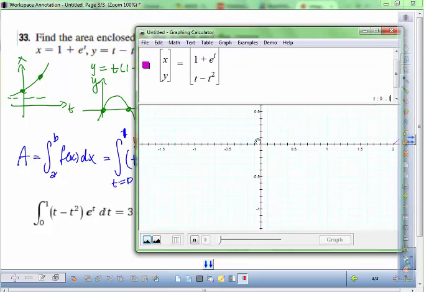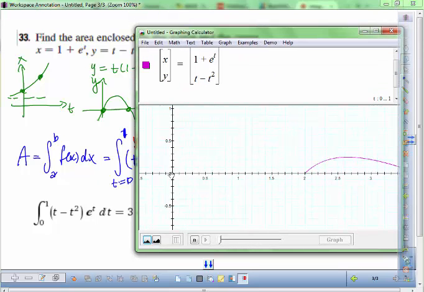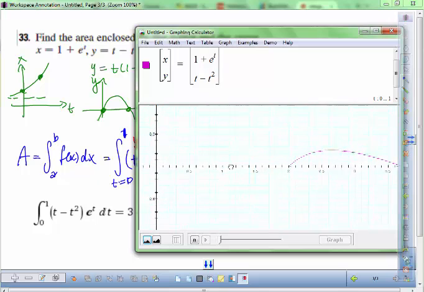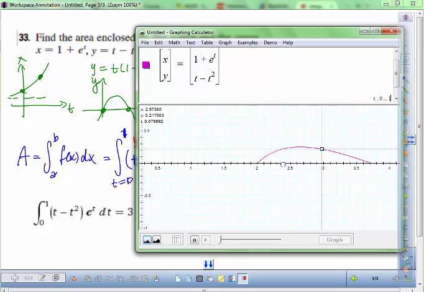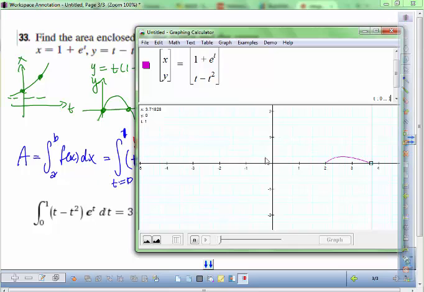So if we graph this from 0 to 1, here we are. Started with 2. It ends about 2.3 or 3.7128. So that's 1 plus e, right? That we kind of guessed.